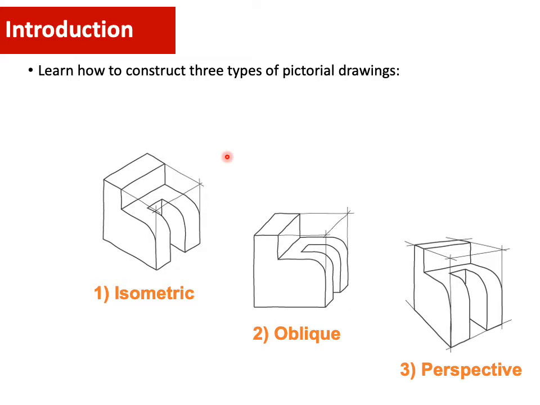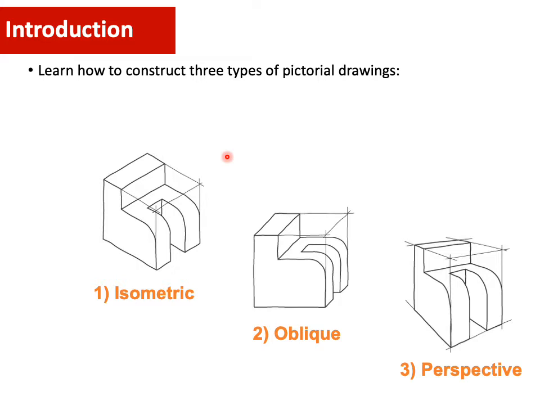You can draw these pictorial drawings in three types. It can be either isometric, oblique, or perspective. Pictorial drawings provide you a 3D image, and it helps you understand the shape of an object and also assists you in interpreting a drawing more easily.